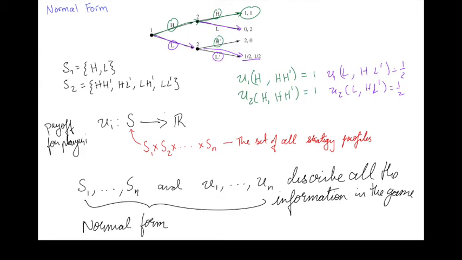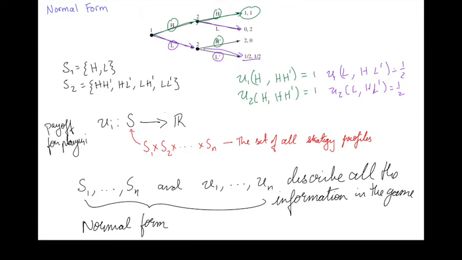So we've kind of taken away the tree structure, and we're just summarizing the strategies using these vectors. And we summarize the payoffs as these functions. And a common way to represent these normal form games is as a table. And it's particularly easy when you have only two players. So let's look at this example.